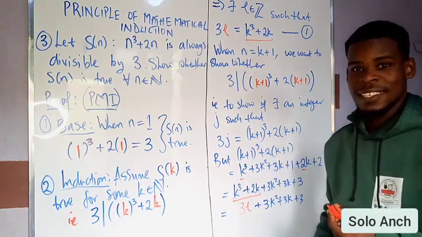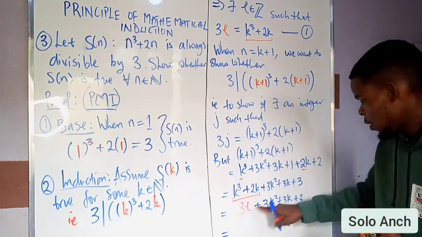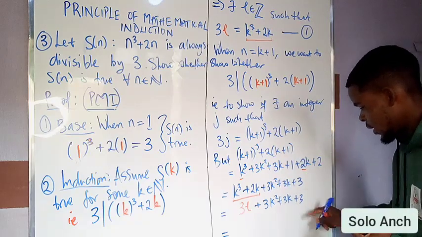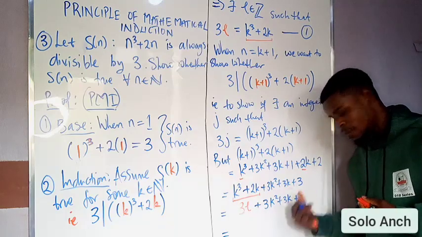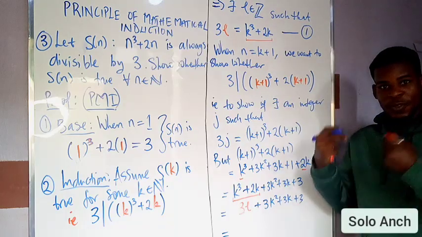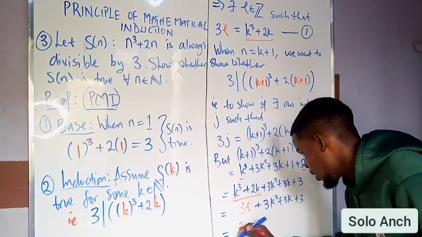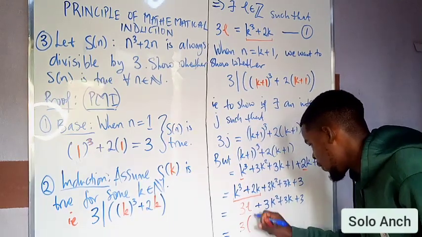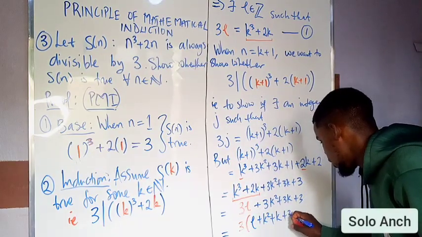Now, look at this: 3l plus 3k squared plus 3k plus 3. Each of these are multiples of 3, so the sum of multiples of 3 will be a multiple of 3. That means we can factor out the 3. When we factor it out, we're going to be having l plus k squared plus k plus 3.